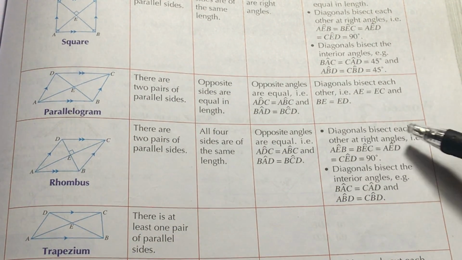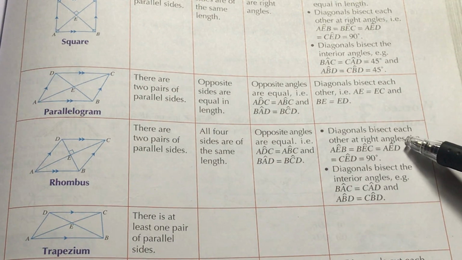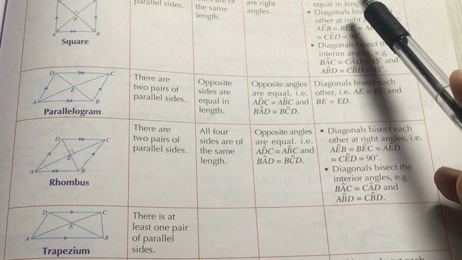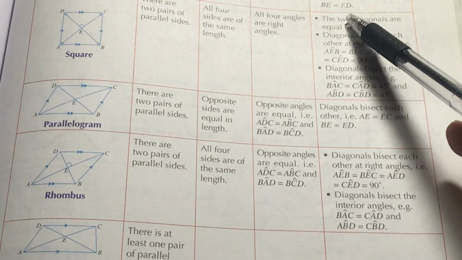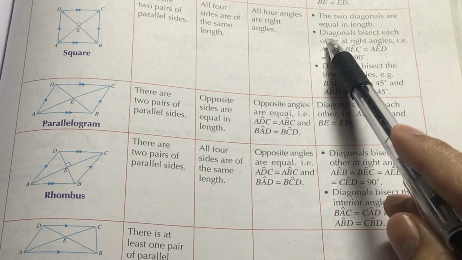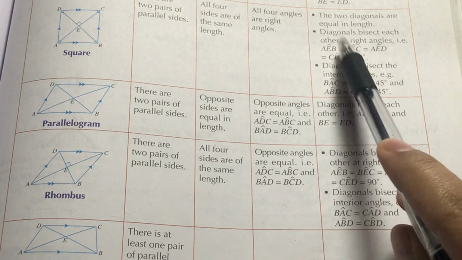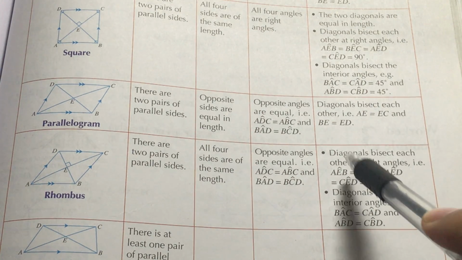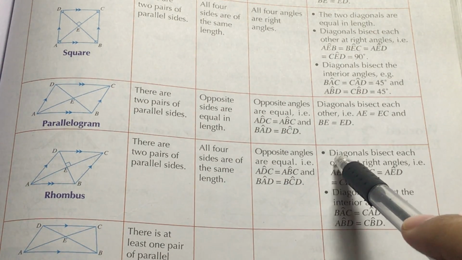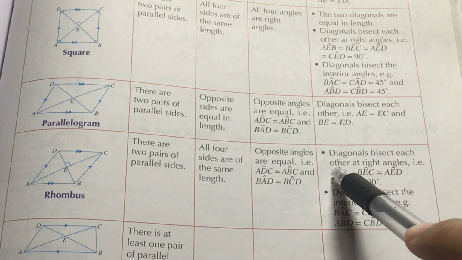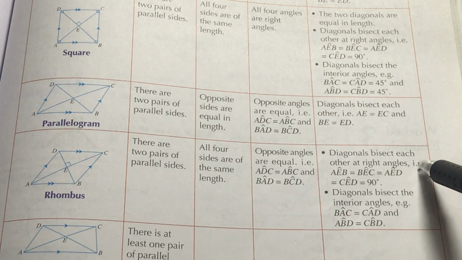Diagonals bisect each other at right angles. This is the same property like a square. In a square we have learned that the diagonals bisect each other at right angles, right?